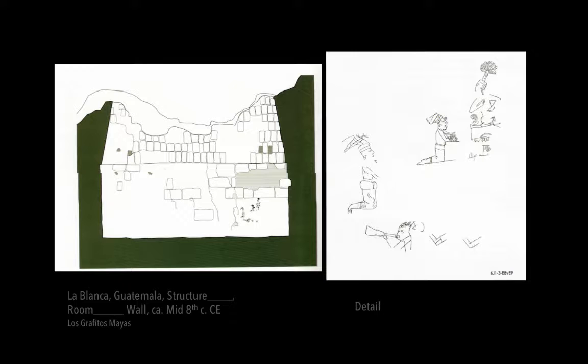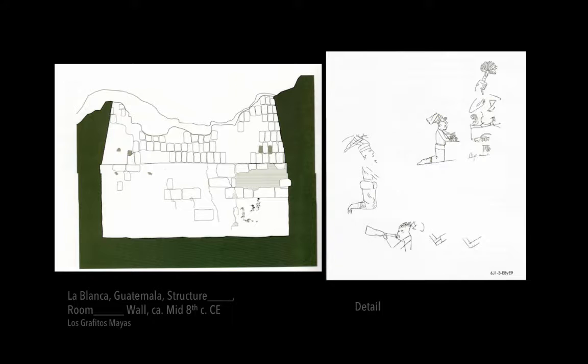We are not looking at a stiff presentation of a ruler encrusted with the symbols of his office. We are looking at people who are in casual poses and in casual gestures. In addition, they are wearing clothing that is of an elite nature, but it is clothing they can easily move about in. And it is clothing that makes sense when you are in a very, very hot environment.